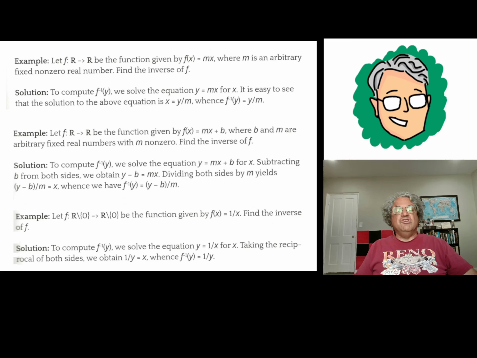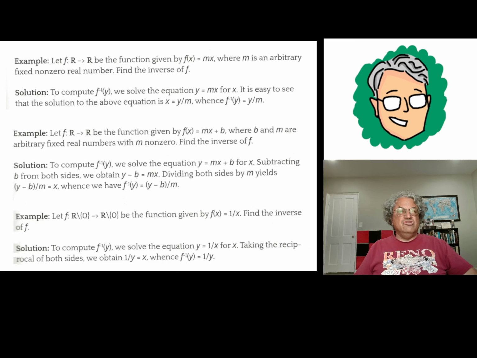This one's a little bit more complicated. Suppose your function is f of x equals mx plus b, where again m is a non-zero real number and b is an arbitrary real number. You guys probably recognize this formula. This is just a formula for an arbitrary line, y equals mx plus b.